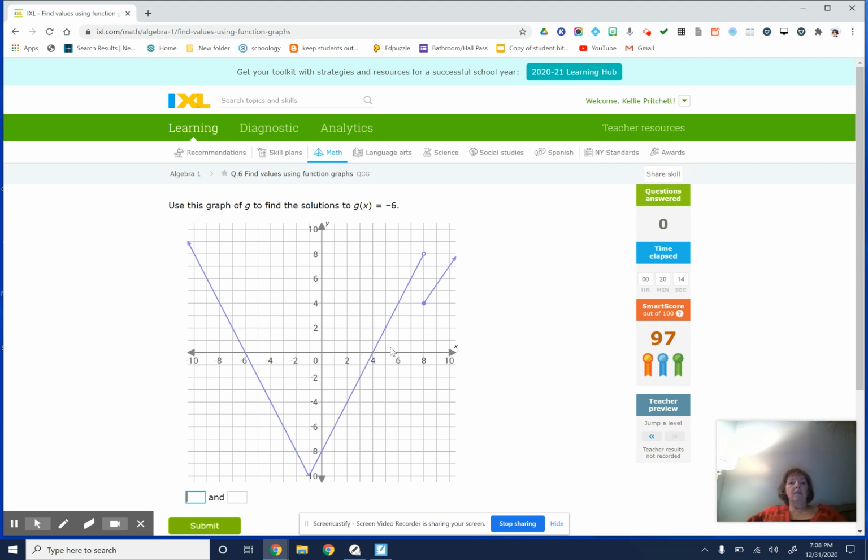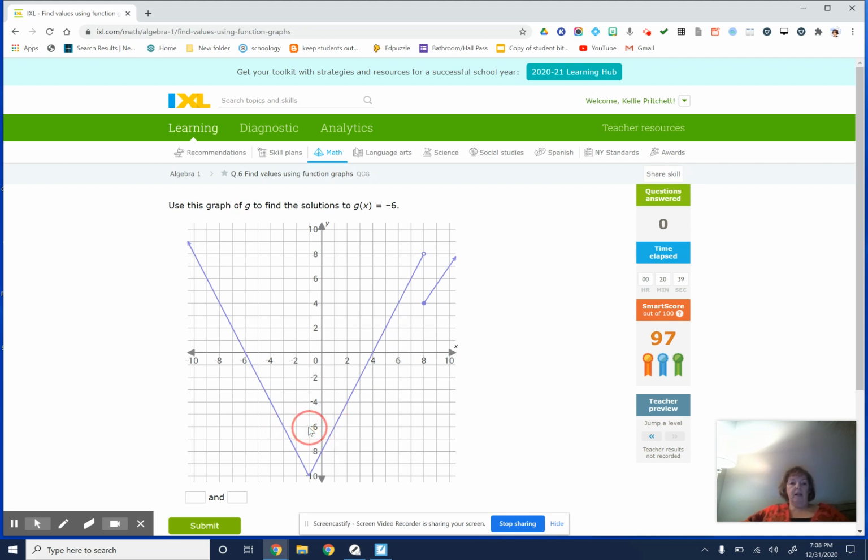All right, on this one, it says use the graph of this function g to find the solutions to g of x equals -6. So basically it's saying y equals -6. So on my y-axis, I'm going to go to -6 right here. And then I see if I go this way, I hit. And if I go to the right, I hit.